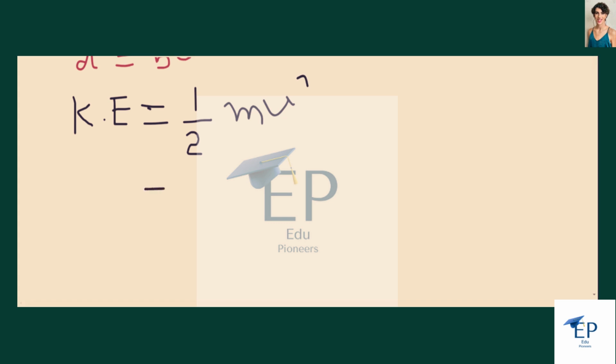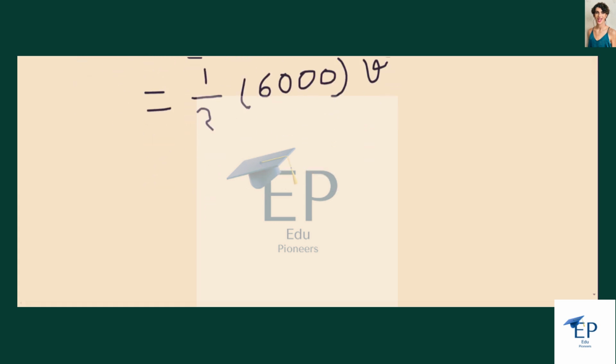As we know, the m value is already given, so I can write 1 half, 6000, and v square as it is, because we don't have the v value.